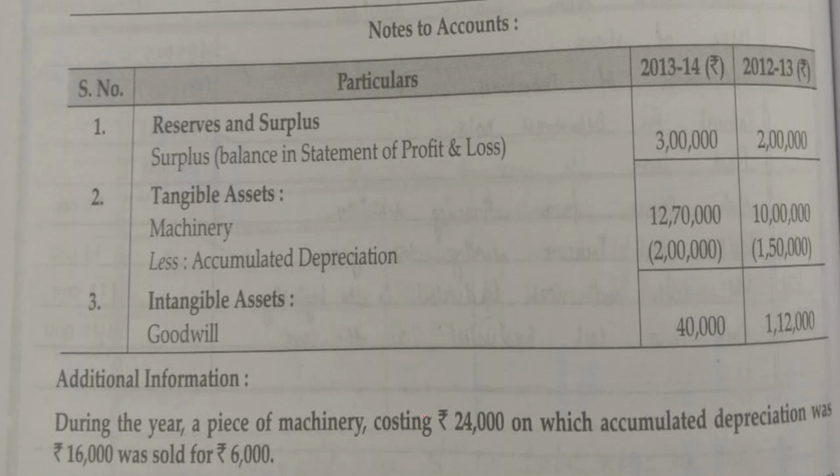So from this we understand that we will be preparing machinery account and accumulated depreciation account as a part of working note to ascertain certain amounts to find out what will be the depreciation that has to be charged, which is a non-cash expense. Non-cash expense as a part of your operating activity is added. You will be able to find out, you have the sale value of machinery, you might have some purchases which you might get as balancing figure in your machinery. So for that purpose, we will be preparing the machinery account and the accumulated depreciation.